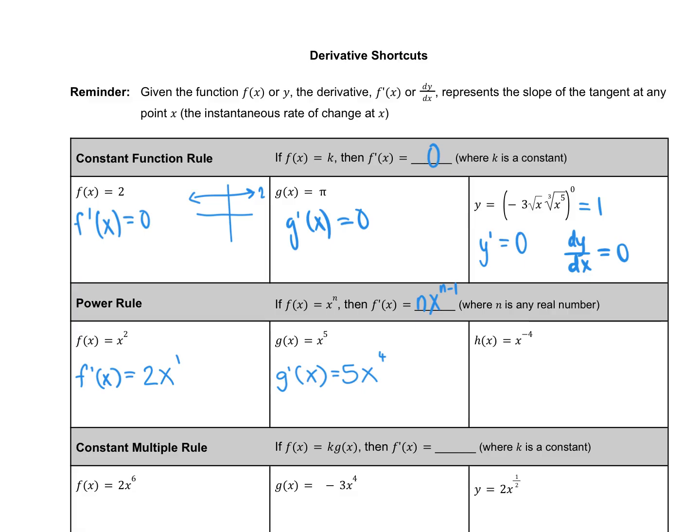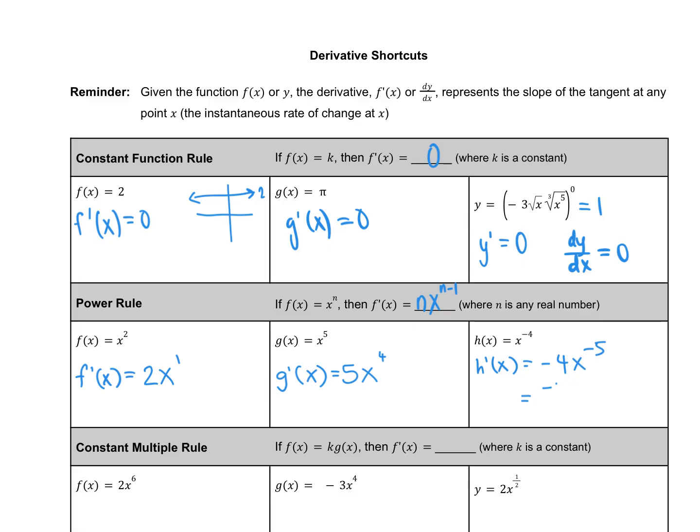Next, h of x equals x to the -4. The derivative, I'm going to bring the exponent down, which is negative, and just be careful here. When I subtract 1 from a negative number, I'm making it more negative. So -4 minus 1 is -5. Now, if I wanted to take this a little bit further, typically we don't like the negative exponents.